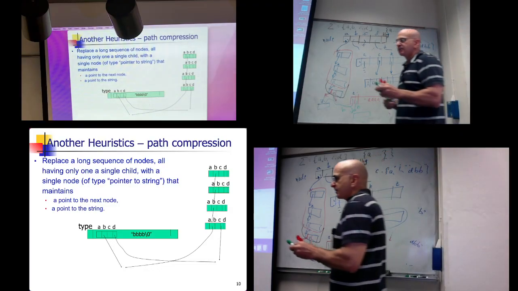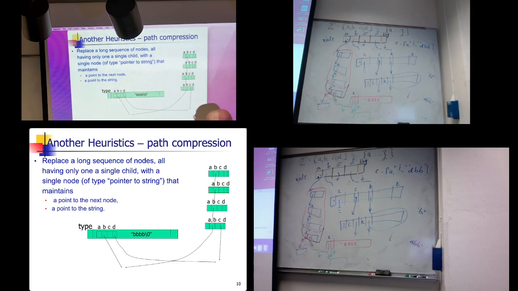Because the last node of such a path might have no children, might have 1 child, might have 22 children. I don't care. It's all its ancestors that I'm frustrated with, and I'm replacing all of them by just one single path.